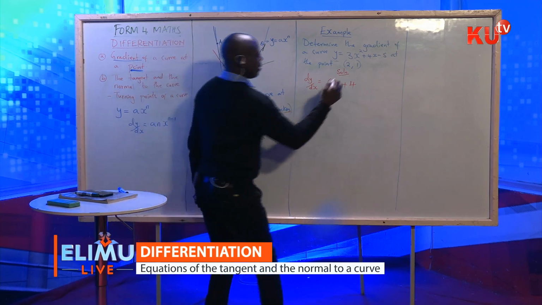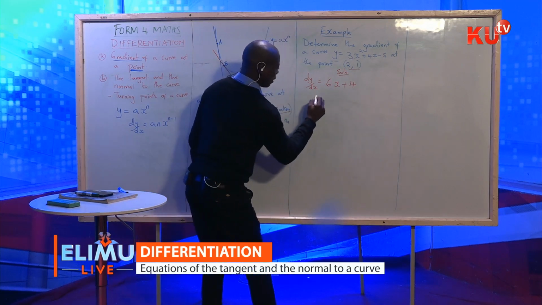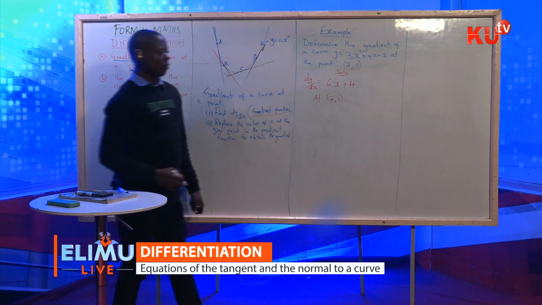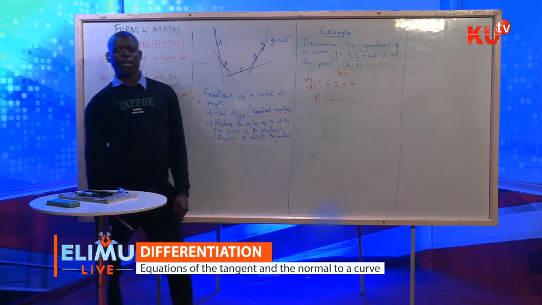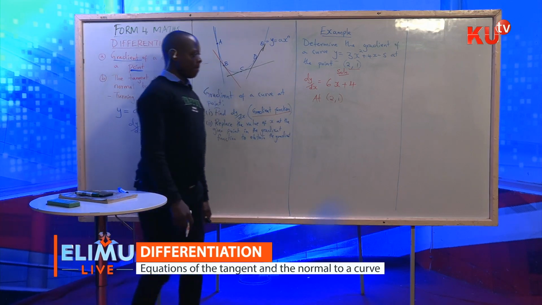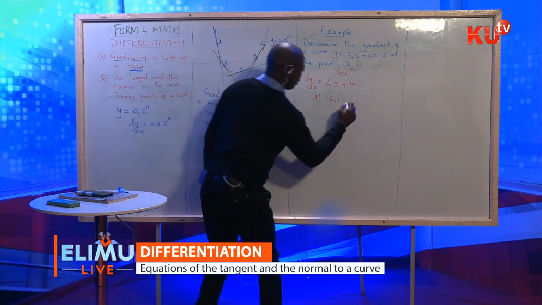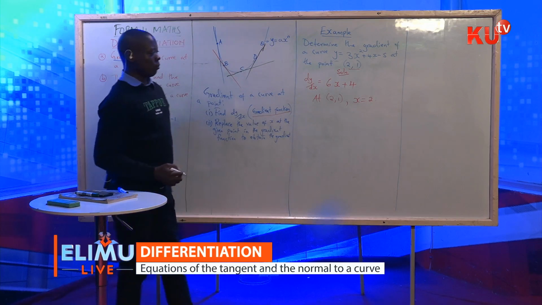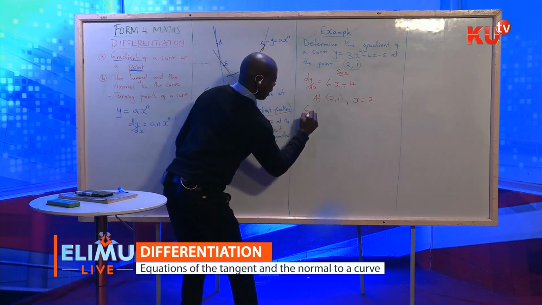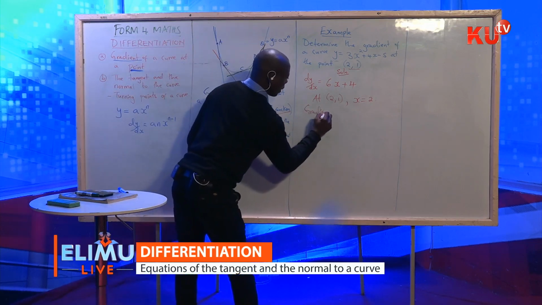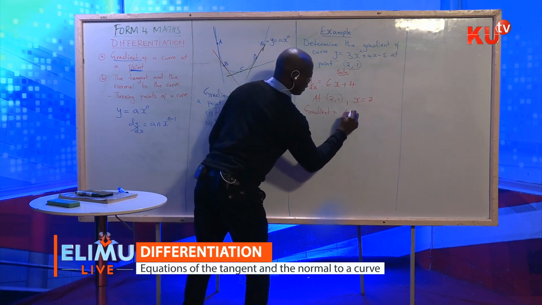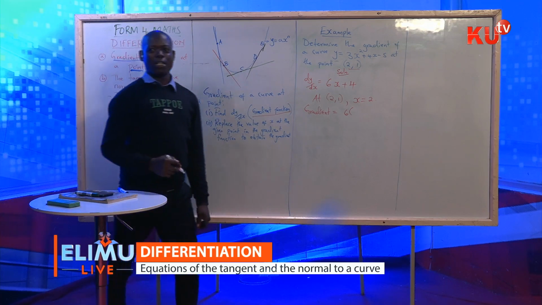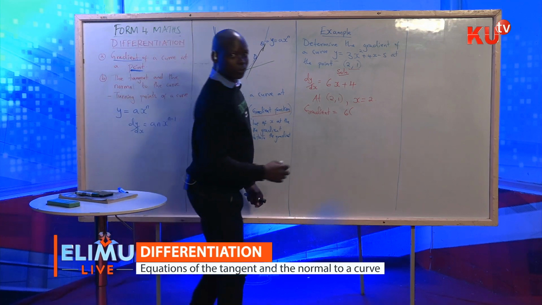Good. At the point 2, 1, what is the value of x, students? Good. Sorry, x is 2. The value of x is 2. Therefore, our gradient is equals to 6, where there is x, replace it with 2.